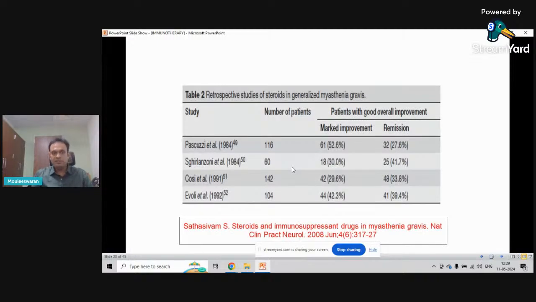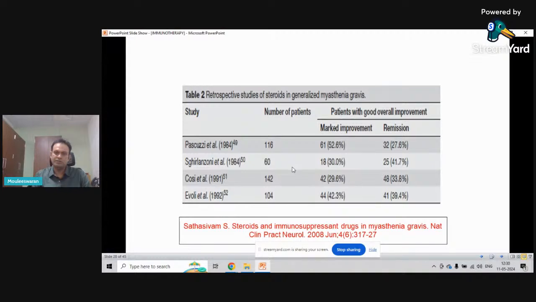So this tabulation shows the utilization of steroids in myasthenia patients, and we can see that all the studies have shown significant improvement in overall outcome of the patients, as well as the drug over chronic use has produced remission in these patients.